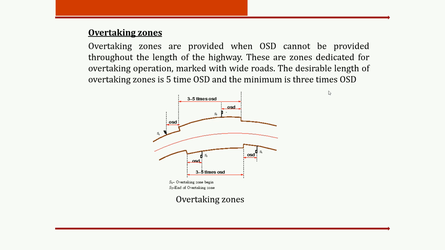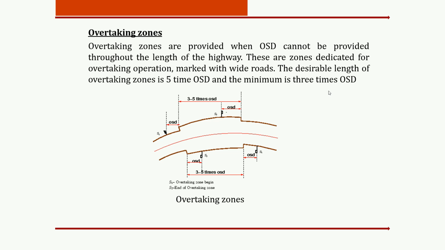Here OSD is provided and the distance has been shown as 3 to 5 times the OSD. They also show S1 and S2 spacing, where S1 is the starting or beginning of the overtaking zone, and S2 is the end of the overtaking zone.